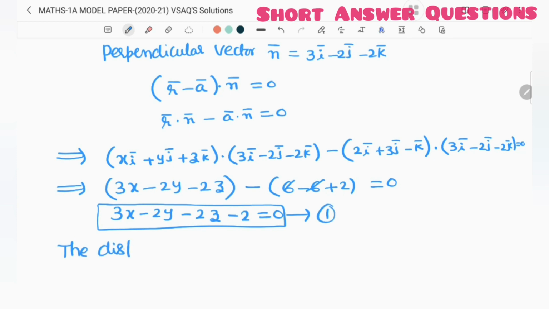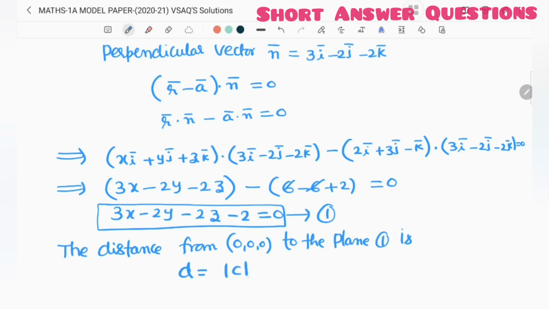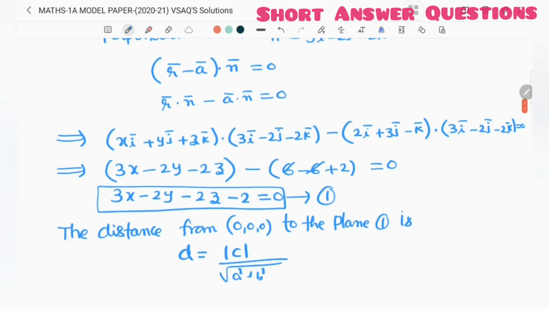The distance from the origin to the plane 1 is d is equal to mod d by root of a square plus b square plus c square, comparing equation 1 with ax plus by plus cz plus d is equal to 0.